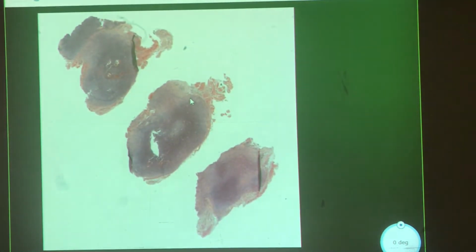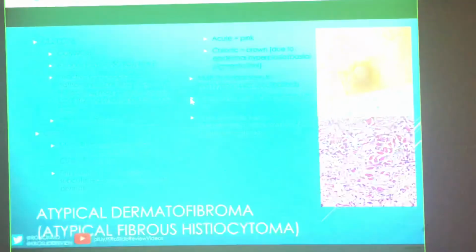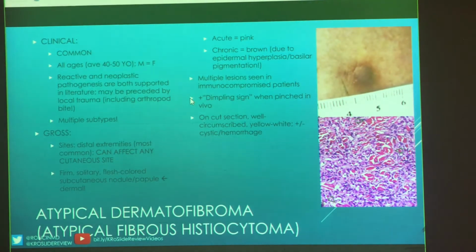So we can't evaluate the epidermis, but this is relatively characteristic of this lesion. Dermatofibroma? This is dermatofibroma. There is some atypia in this lesion. So when you go back to look at it again, just spend a little time on that.